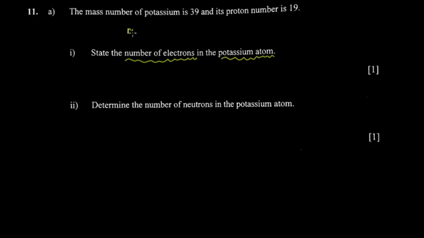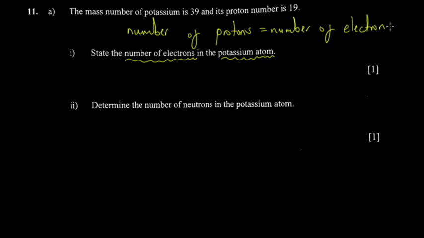equals the number of electrons. So for a neutral atom, the positives, which are the protons in our case, are equal to the negatives, which are electrons.